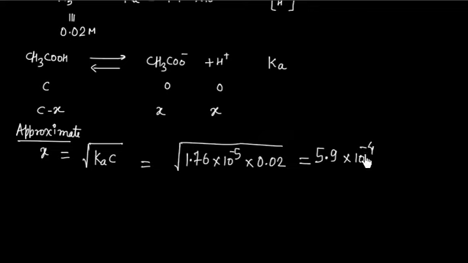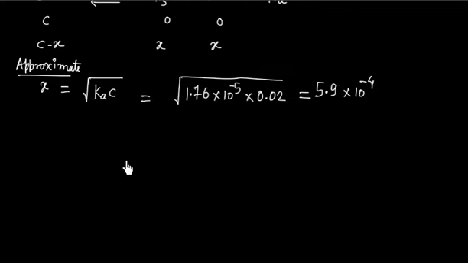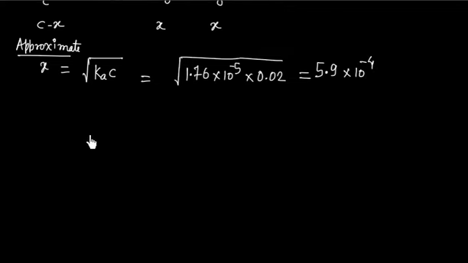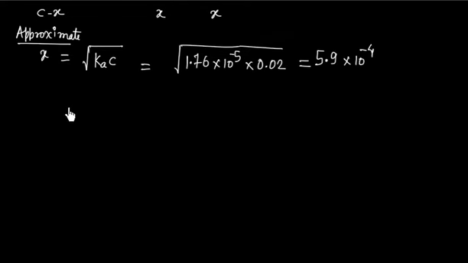Let us check whether approximation is allowed or not. One way is I can check the C by Ka value. We said if C by Ka is greater than 400, approximation is allowed. So let us check: C is 0.02 divided by Ka, that is 1.76 into 10 to the power minus 5.